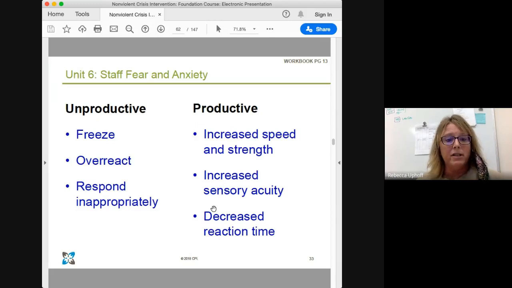He's got that sensory acuity trait, if you will. And then that decreased reaction time is more of that superhero of Flash. How are we going to decrease our reaction time? Slow things down so that we can be productive in responding appropriately to situations and challenging behaviors within the school setting.